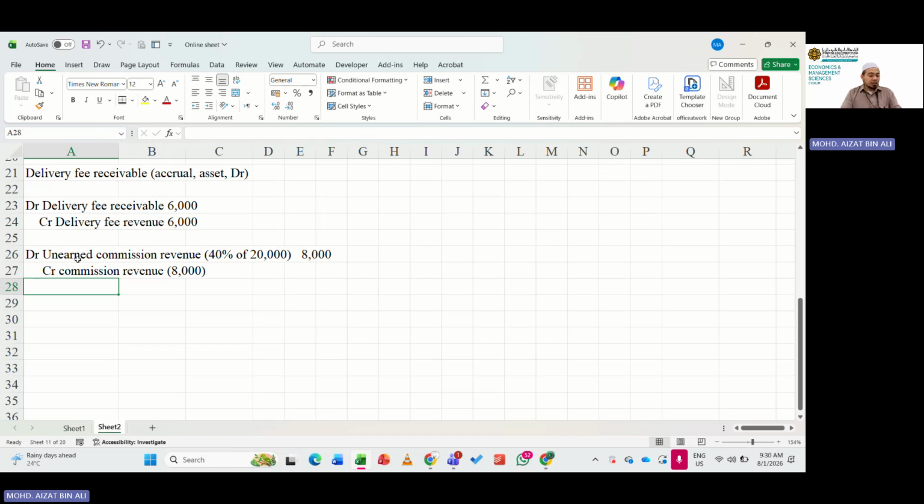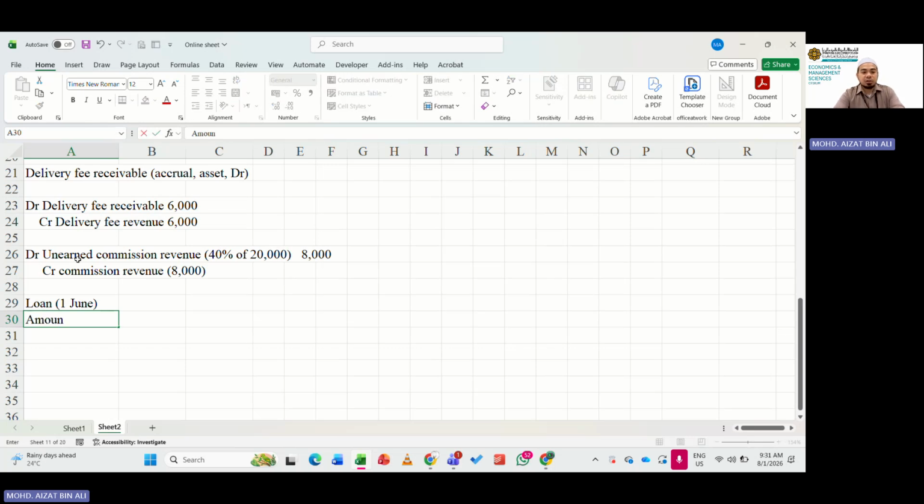And number six, the long-term loan is dated June 1st. Our loan is dated on 1st June. It is a loan from Bank Muamalat at 12% interest per annum. An Islamic bank charging interest, right?